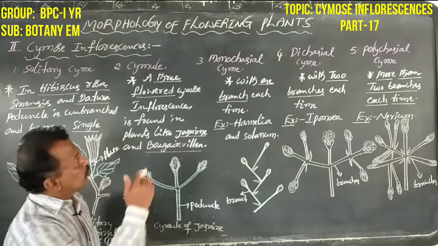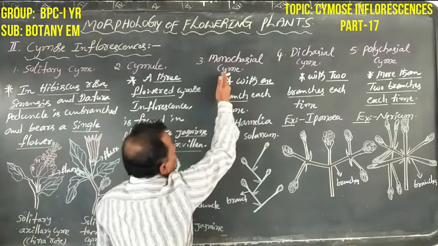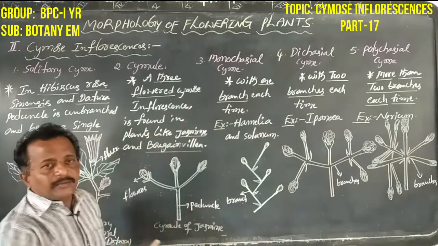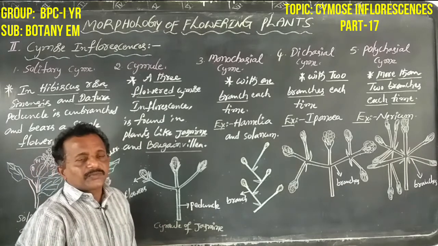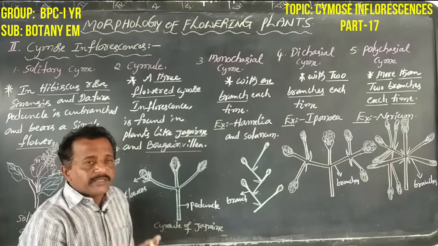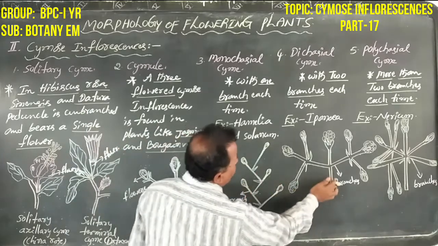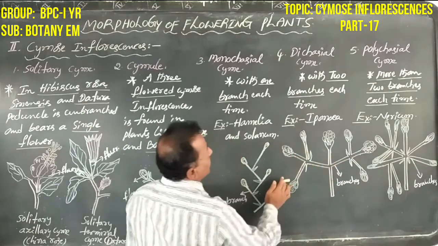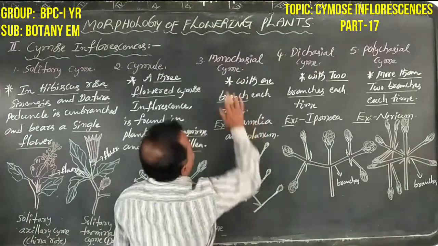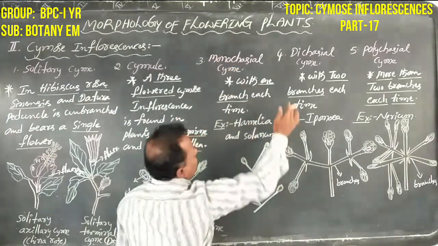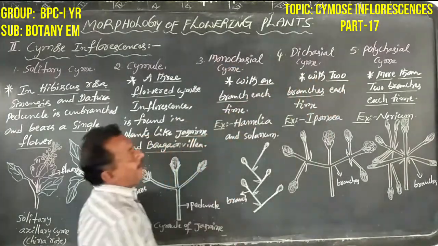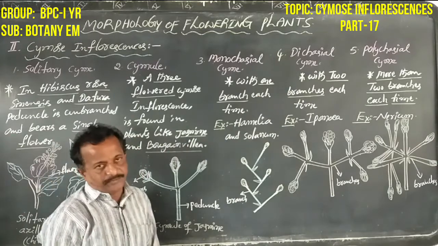Here the peduncle is branched. The cymose type of inflorescences depend on the branches of the peduncle. Again there are three types, namely monochasial cyme, dichasial cyme and polychasial cyme.